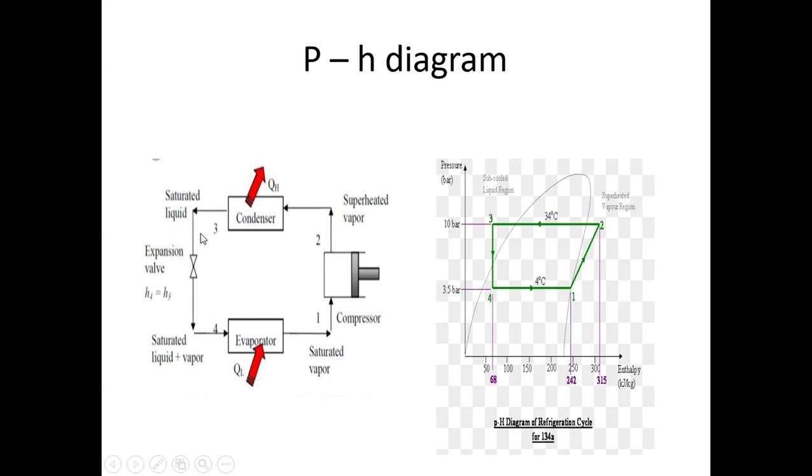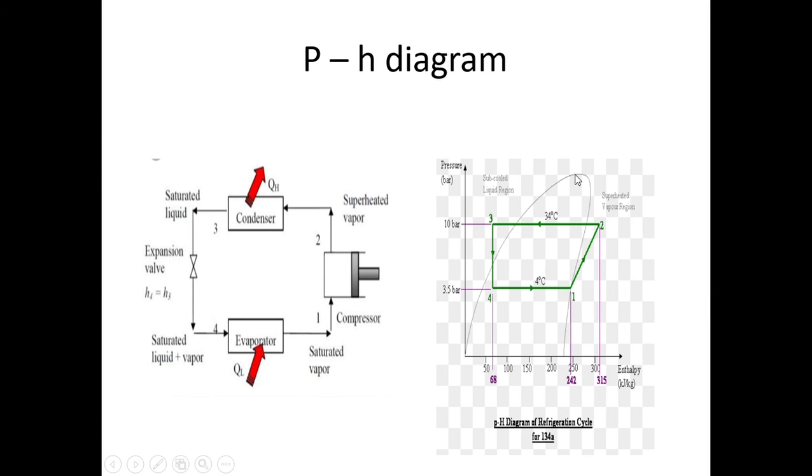Now we have expansion through the expansion valve. 3 4 is a constant enthalpy process. Expansion in an expansion valve is a Joule-Thomson expansion, so it's a constant enthalpy process. So 3 4 is a straight line like this. That means point 4 is not in the saturated condition, it is in the wet vapor region, between this curve and this curve.